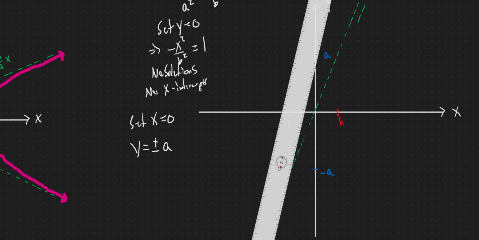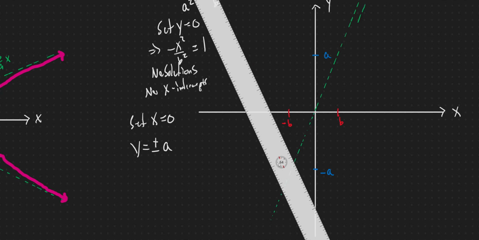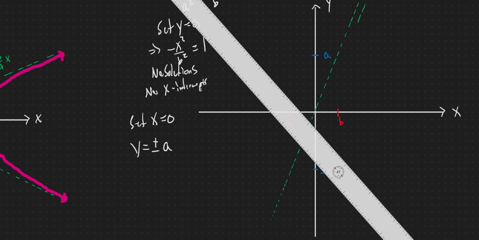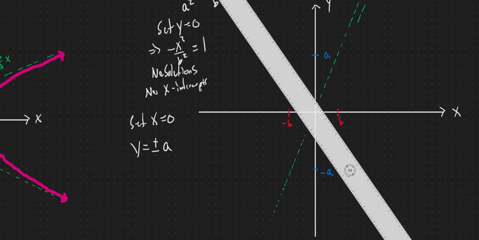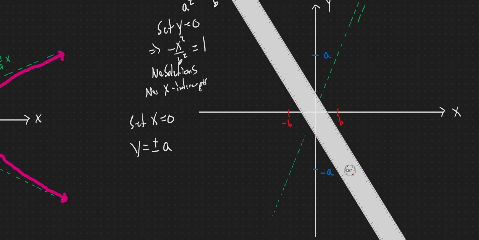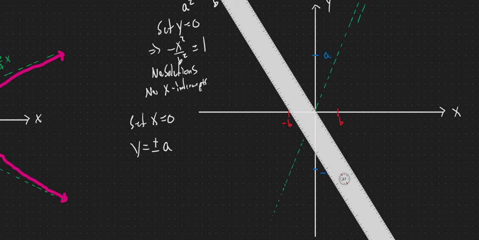And then the other way as well, because we get both plus or minus A over B. Yeah, that's about right.